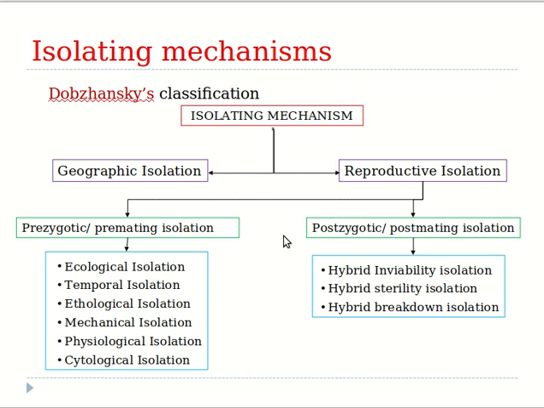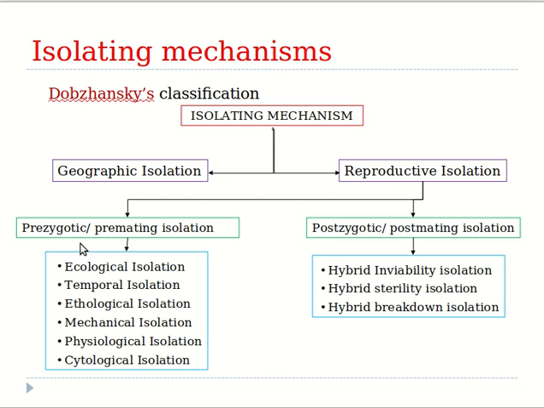We will see it in detail later when we discuss the two types of reproductive isolation. Now, reproductive isolation may be further classified into prezygotic isolation and postzygotic isolation. Prezygotic isolation prevents fertilization and formation of the zygote.